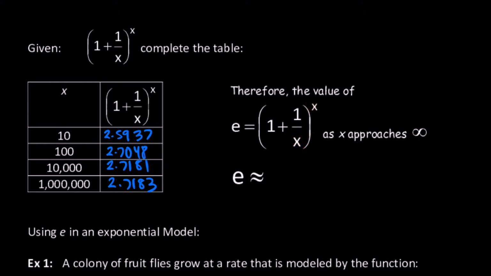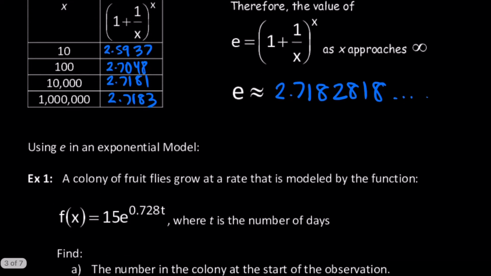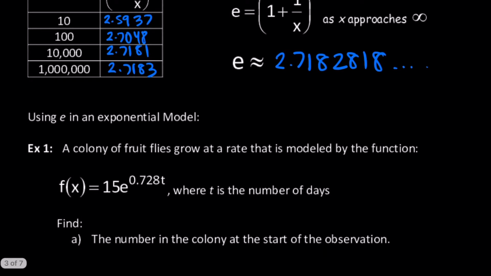That value to a few decimal places is 2.7182818, so on and so forth. Now it's irrational, so like pi, it'll never repeat and it'll never terminate. E shows up quite often in exponential functions, especially continuous models, continuous growth.